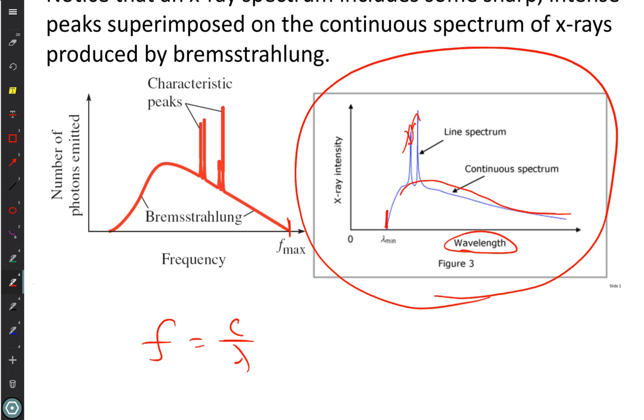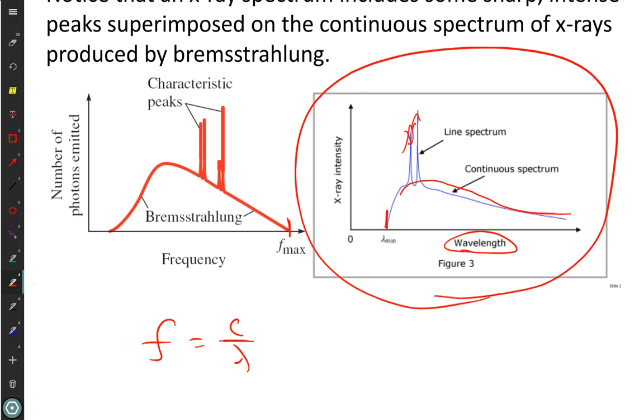They're called the characteristic lines. It's where the electrons that were ionized away. If you had a core electron, one that's in like n equals 1, 2, or 3, and it gets hit by an electron, the energy is enough to kick that electron free of the atom. Then electrons fall down to that state and give you those characteristic lines. So that would cause those spikes, the line spectrum.